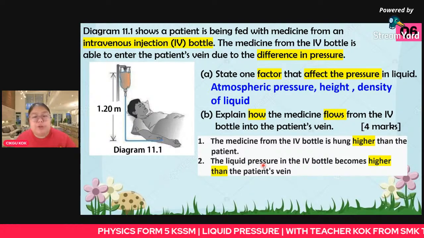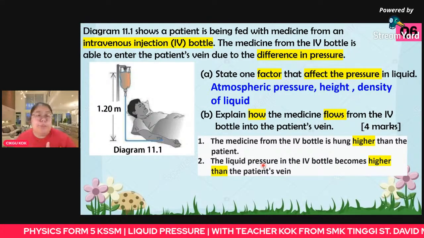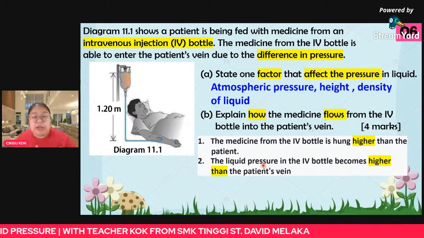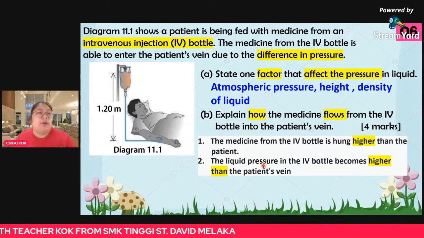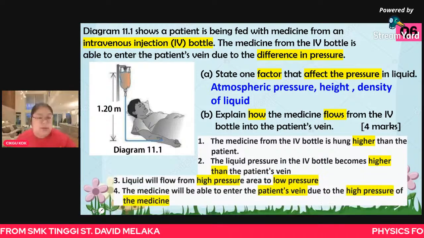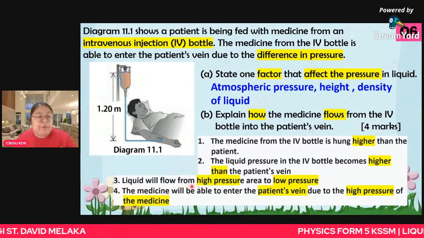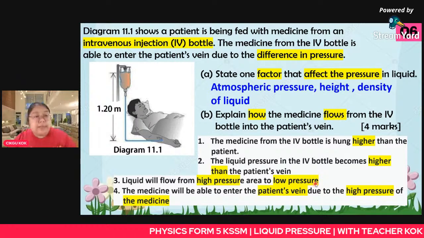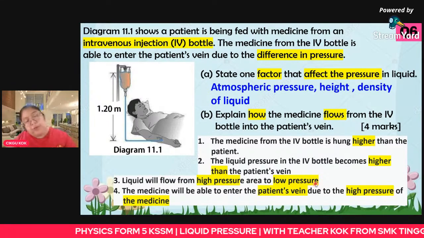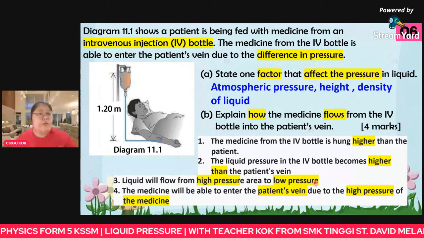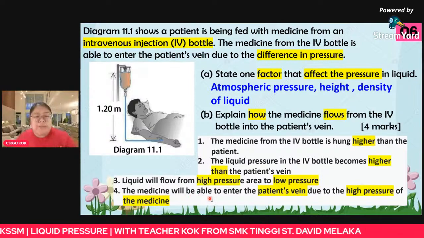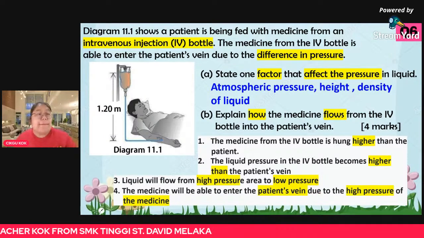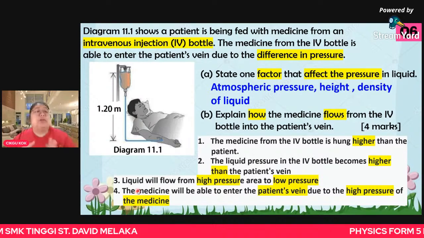The pressure is higher when they put it at the top, because the h increases. Number three, we talk about the flowing. Liquid will flow from high pressure to low pressure. This is normal common sense. So finally, what happened? The medicine is able to enter the patient's veins due to the high pressure of the medicine.